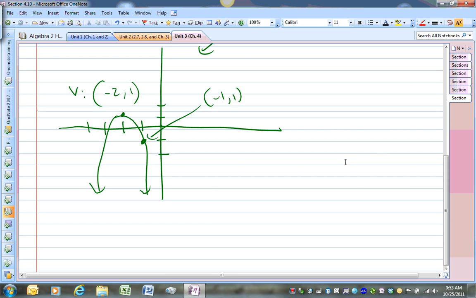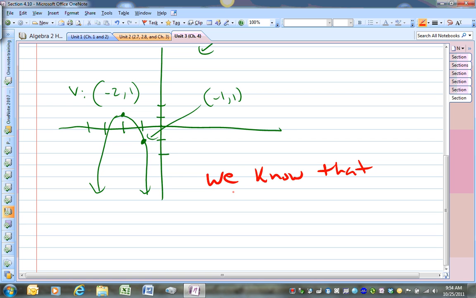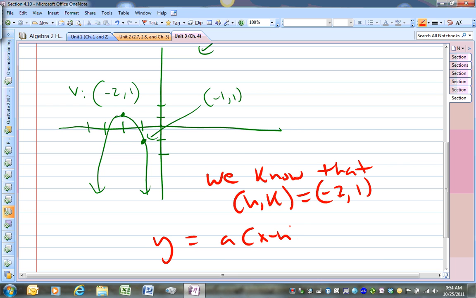So because you have the vertex, we know that (h, k) equals (-2, 1). So we can write this: y equals a(x minus h) squared plus k.